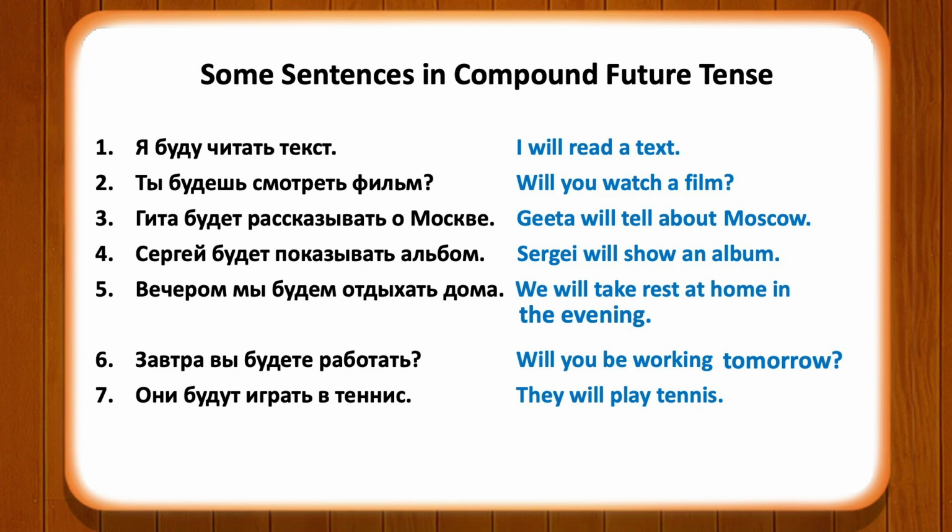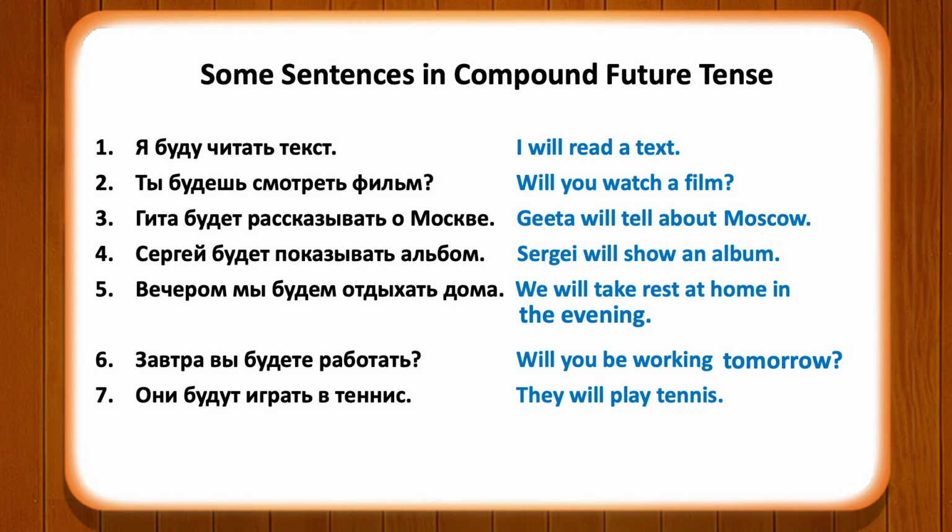So, the verb работать is being used in the future tense. The auxiliary verb быть is being conjugated according to the pronoun вы. Вы будете работать. Will you be working tomorrow?